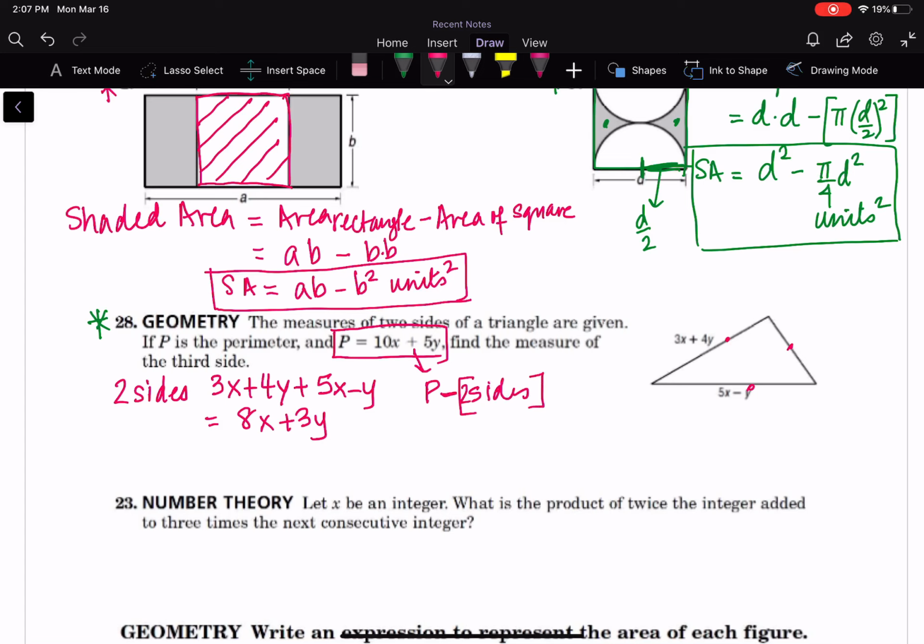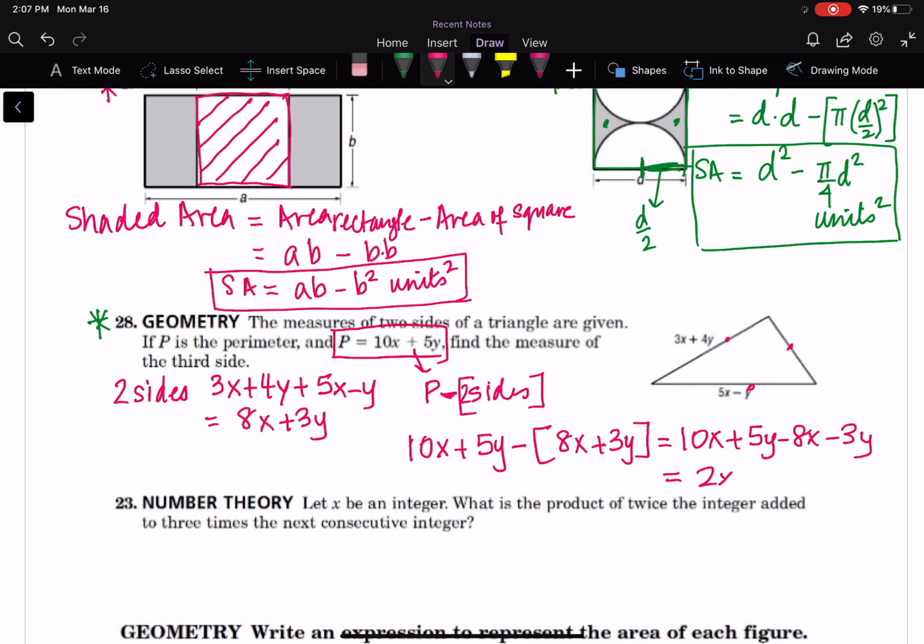But this minus sign is very tricky, so you have to be careful. So 10x plus 5y minus 8x plus 3y, which gives us 10x plus 5y minus 8x minus 3y. So the third side is 2x plus 2y. And since it's just one side, it's units.